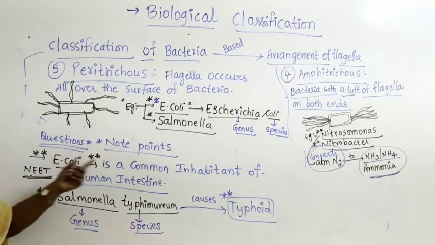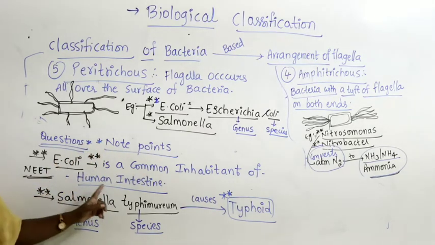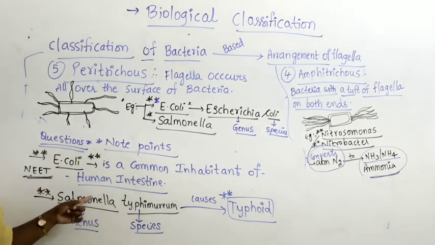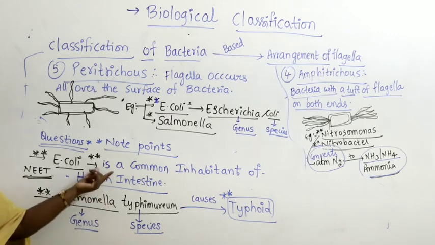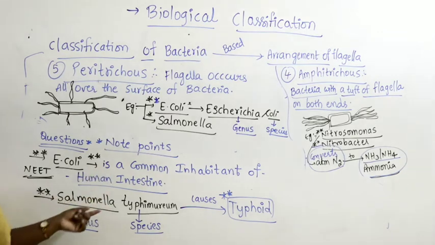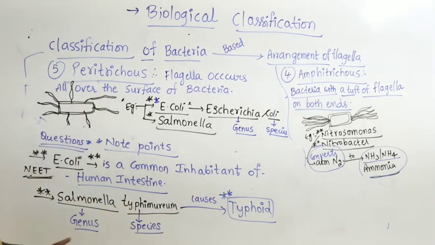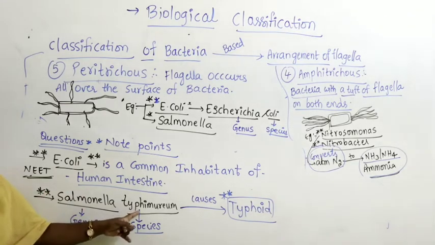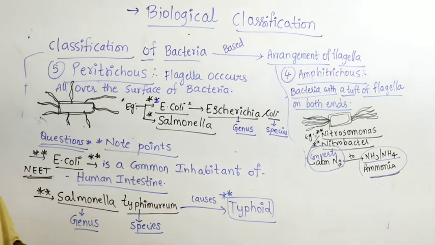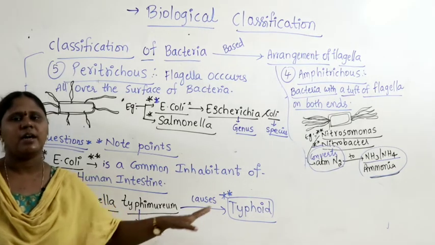E. coli is a common inhabitant of the human intestine. E. coli is most commonly found in the human intestine. And Salmonella, it was a previous NEET question, try to remember. Salmonella typhimurium is responsible for causing the disease called typhoid. The Salmonella genus has many different species, but among them one species, typhimurium alone, is responsible for causing typhoid.